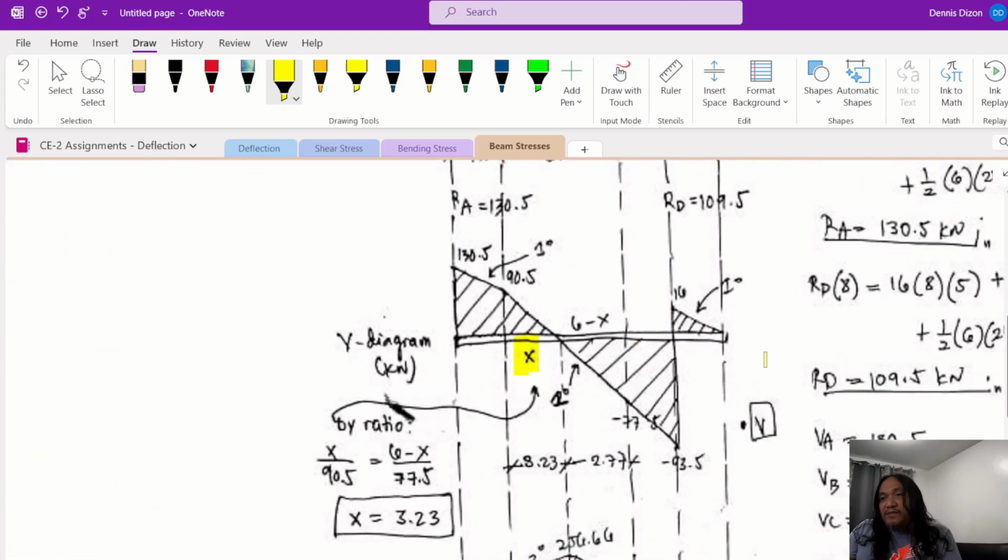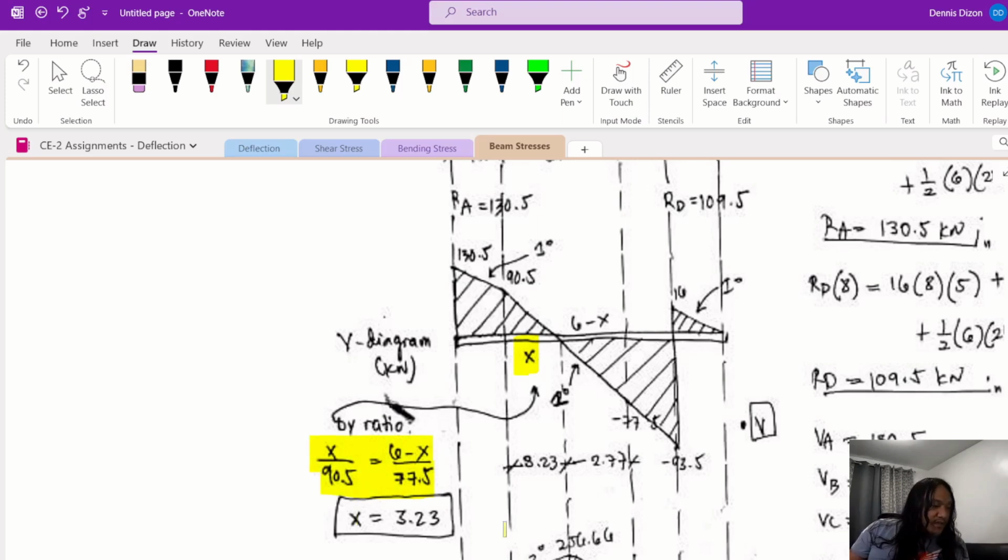So he attempted to solve this one, and I think he got this portion wrong, because when he solved for x, he used a ratio and proportion, like a linear ratio and proportion.